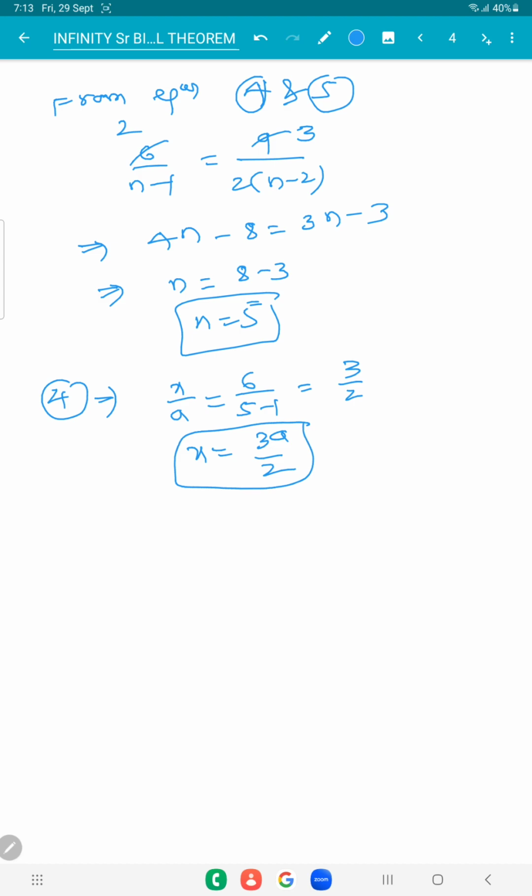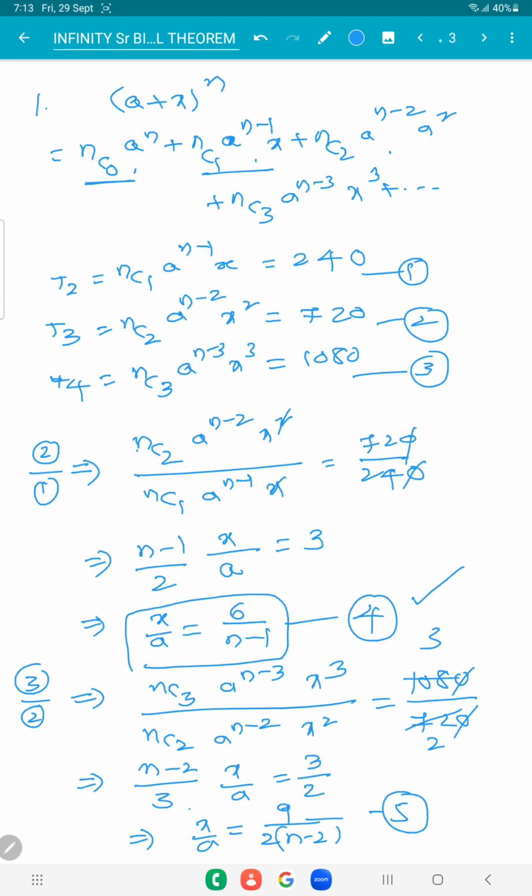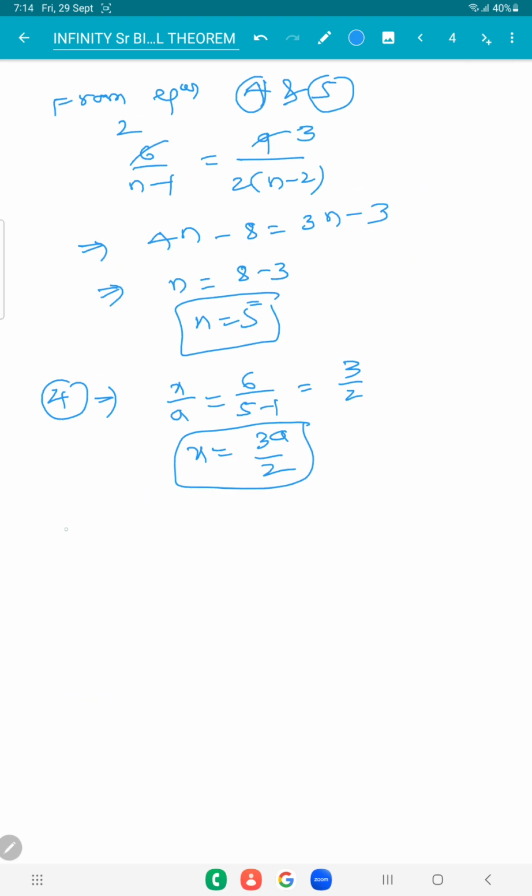Now let us consider the first equation. The first equation is nC1 a power (n minus 1) x is equal to 240.